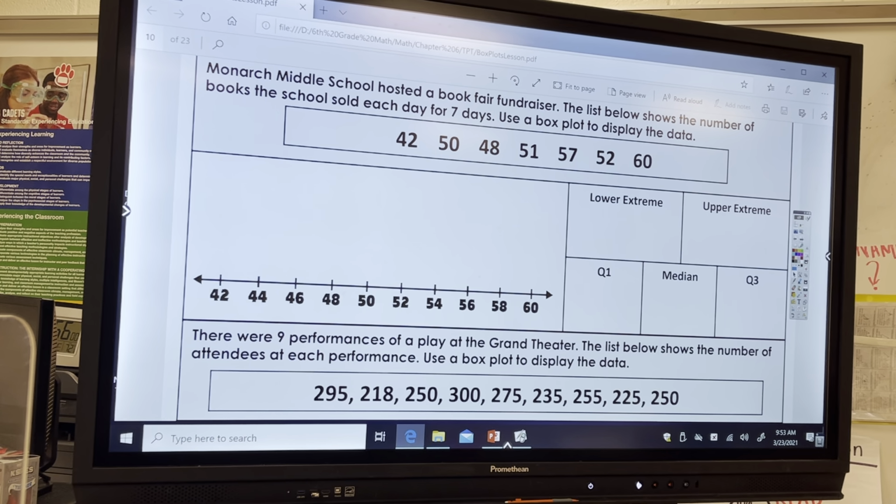So, I'm bringing you a piece of paper. On your piece of paper, I want you to list the numbers least to greatest. Do you need a pencil?